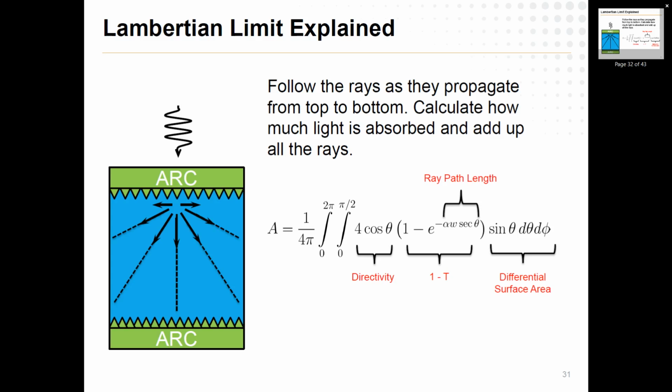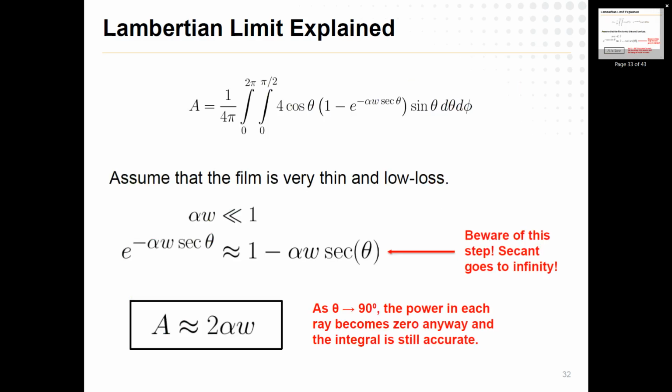So w is my thickness here. If I come out over here, it's secant theta, right? So you notice I go to 90 degrees, I get infinity out of that. And then this is my differential surface area because I'm integrating in polar coordinates. So notice this integral, we're just adding up all the little differential rays of energy from this pass to that pass. So, okay, that's a horrible little integral, but we'll simplify it a bit.